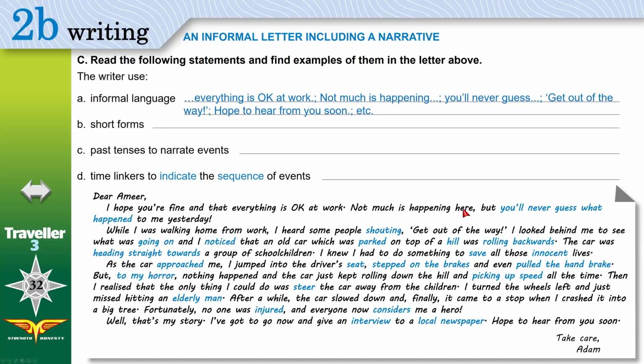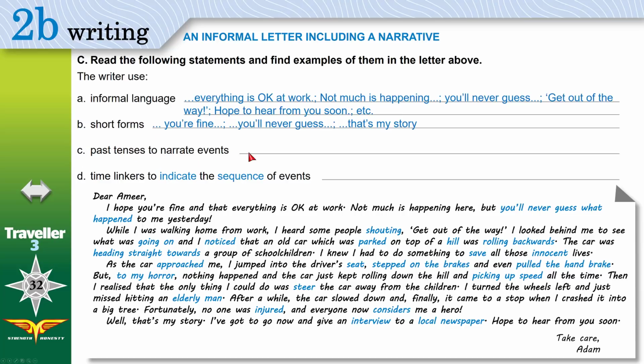You can say this to a friend. Short forms like you're. You're is short for you are. You'll never guess. This is short for what? Short for you will never guess. That's my story. This is short for that is my story.